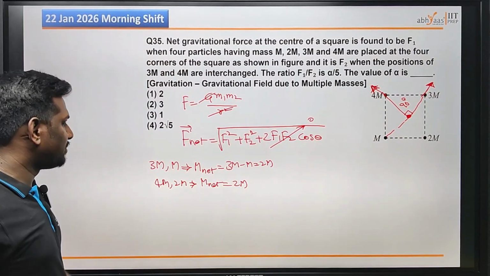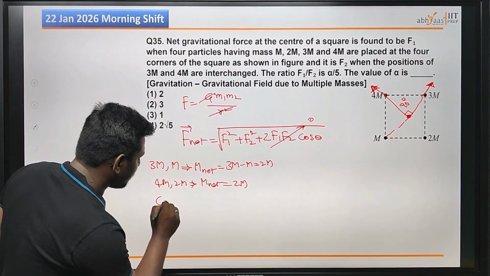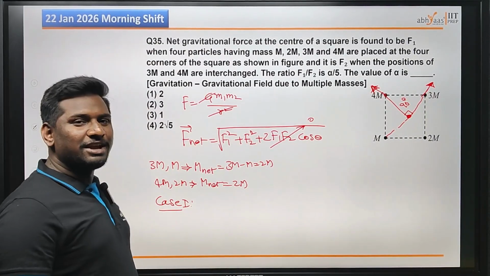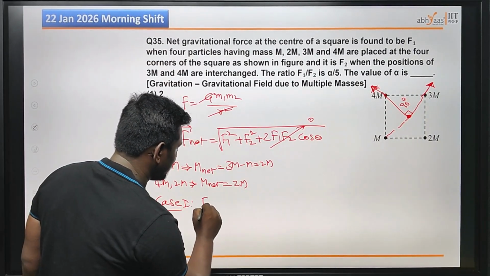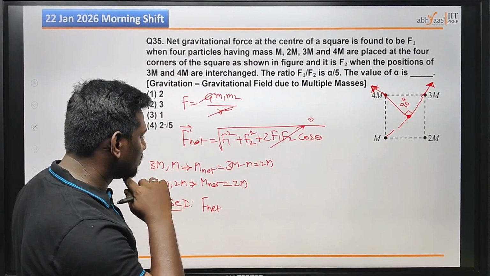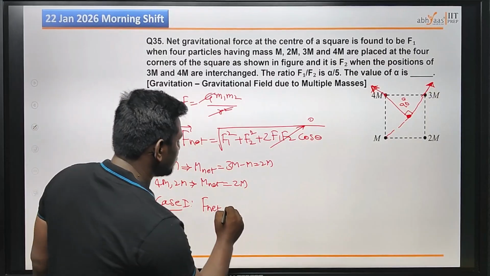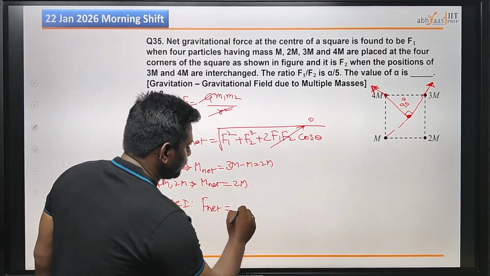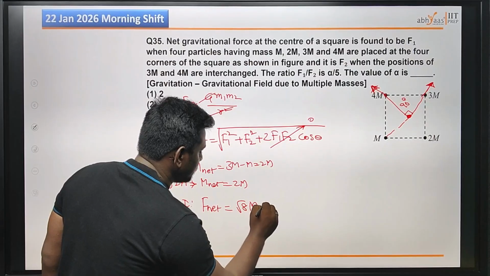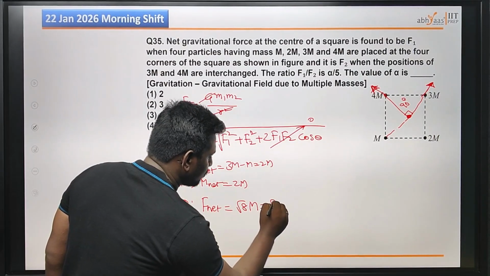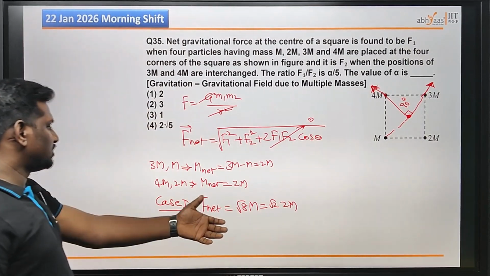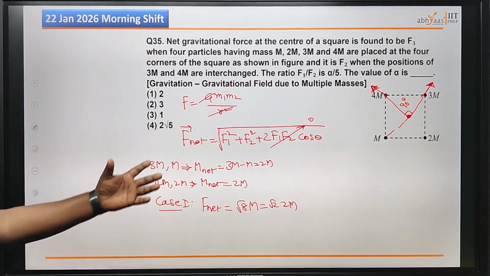So for case 1, what is the F net? I hope you are understanding. F net can be written as root 8m, or you can simply say root 2 times 2m. This is for case 1. What about case 2?